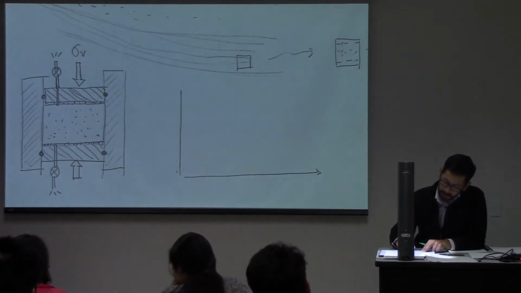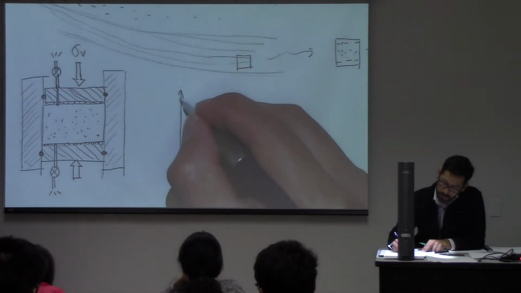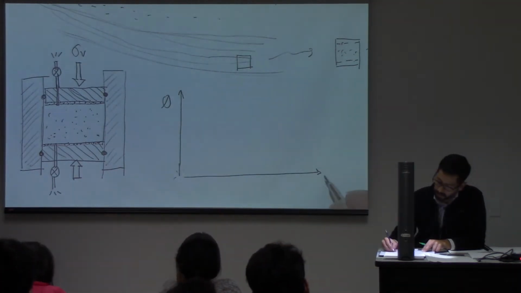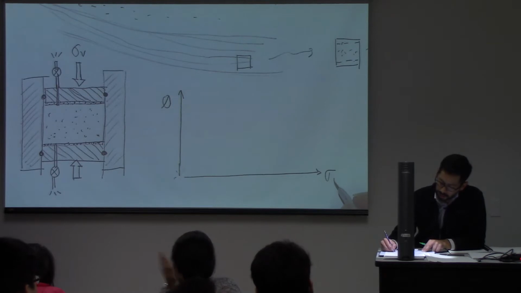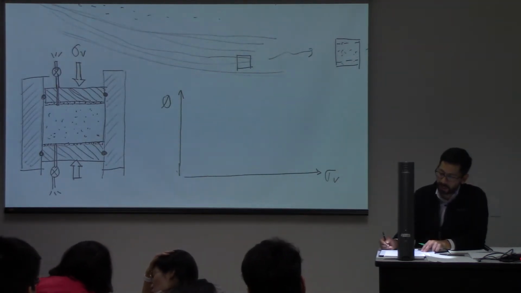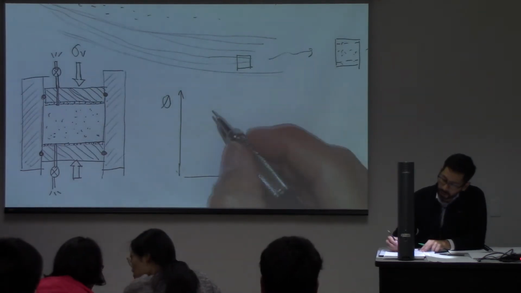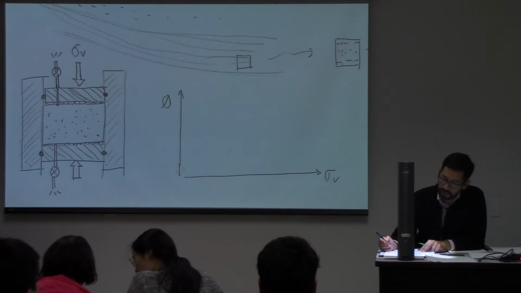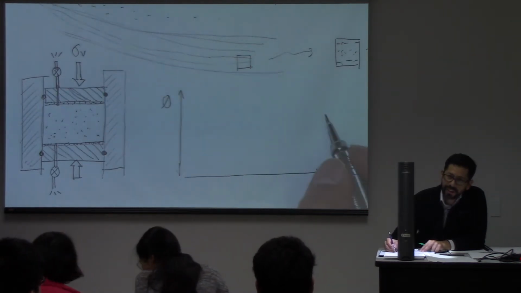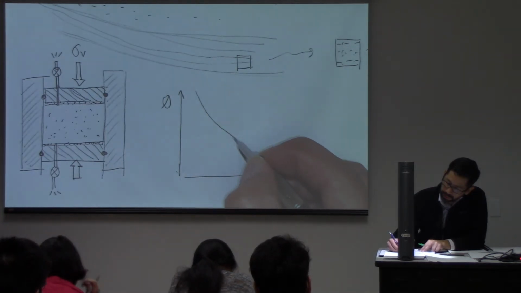I have it wrong in my notes here. This is porosity, and this is sigma v. So what you would expect to see is this compaction trend, which, as we said, is going to be what? Non-linear, right? So it's going to be a curve.